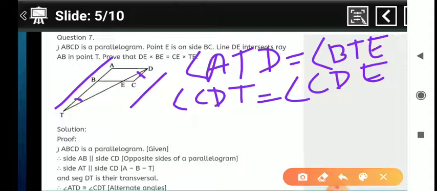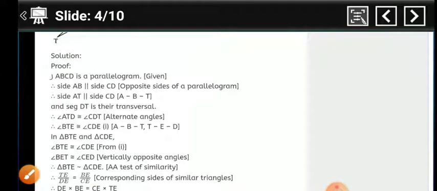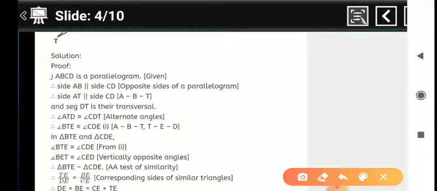So we can write angle BTE is congruent with angle CDE. This is our equation number 1. And another pair of angles is there, angle BET is congruent with angle CED, because they are vertically opposite angles.